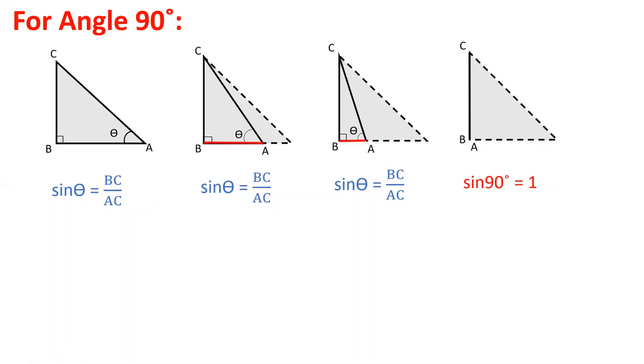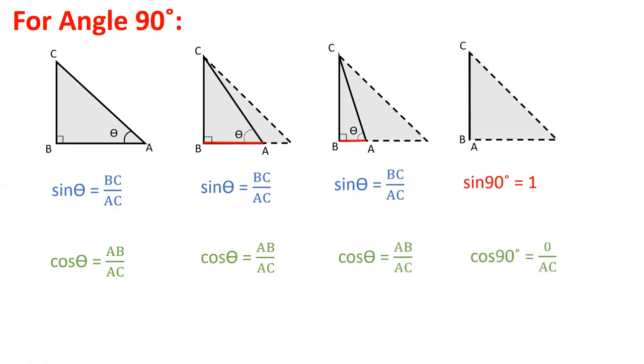Now we'll go for the another ratio. See, cos theta, which is equal to adjacent side by the hypotenuse here, AB by AC. Same goes for the second one, third one. Now look at the fourth one here. This adjacent side, which was here AB, now this AB is not present here. AB almost became 0.